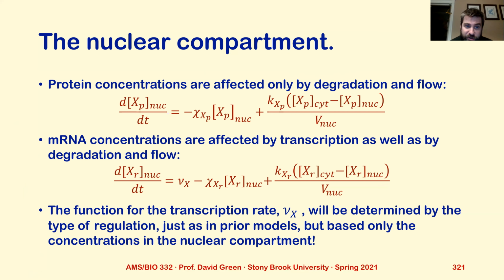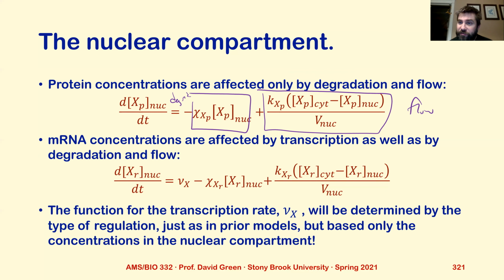So for the nuclear rate of change in protein concentration, we have our degradation term, we have our flow term, we have now the nuclear volume in the flow term, and I've switched the order of the cytoplasm and nucleus here, just so that we can be consistent and always use a plus.